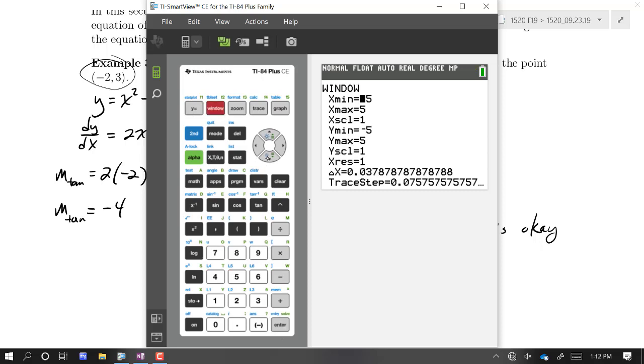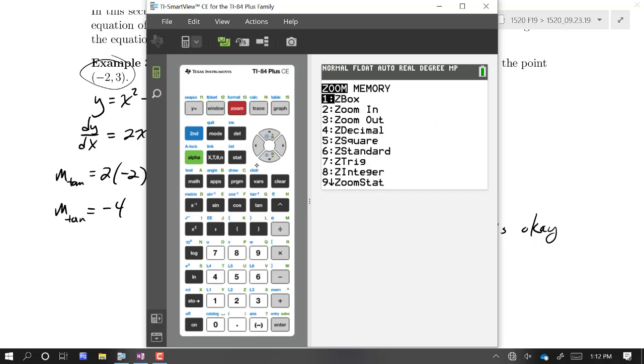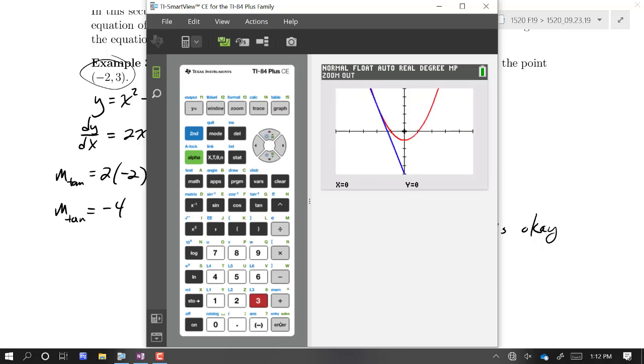Let me set the window. Oh, that looks pretty good, minus 5 to 5 on both axes. Let's see what it looks like. So there's the parabola, and there's the line. The point negative 2, 3 is right here, and that line definitely looks tangent. Maybe I'll zoom out a little bit.